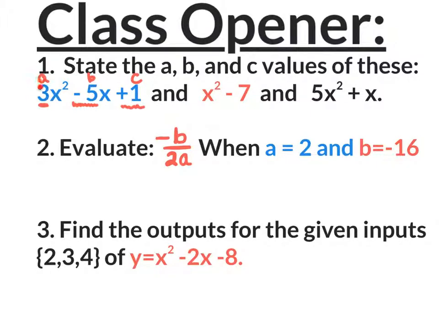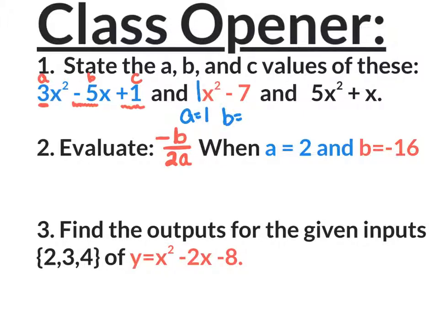Okay, again, a is always in front of x squared. B, negative 5, is the number in front of x. And c is the number all by itself without any variables. So if I ask you to identify the a, b, and c of this red one right here, what's the a value? 1. The a value is 1 because there's an invisible 1 in front of the x squared.